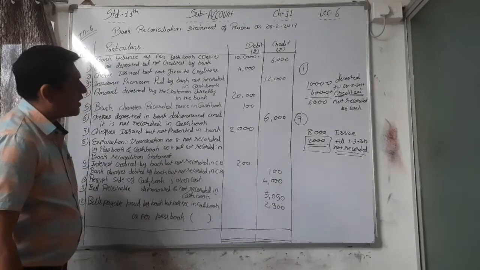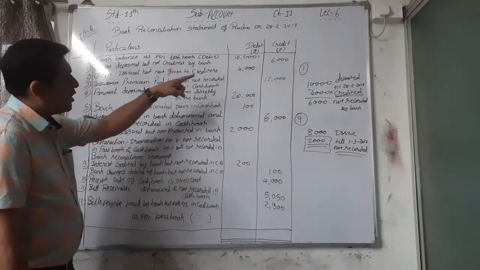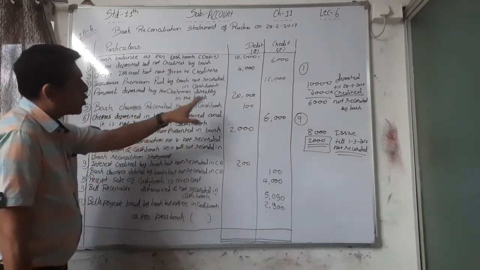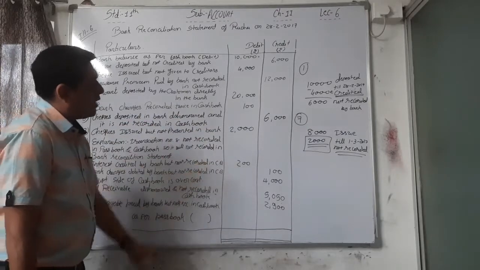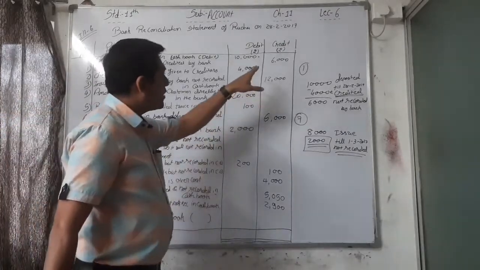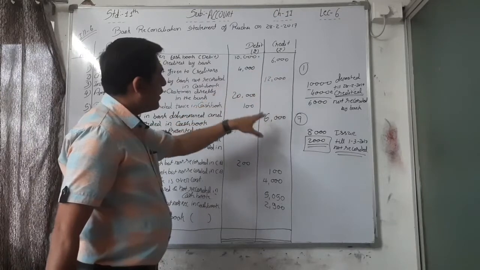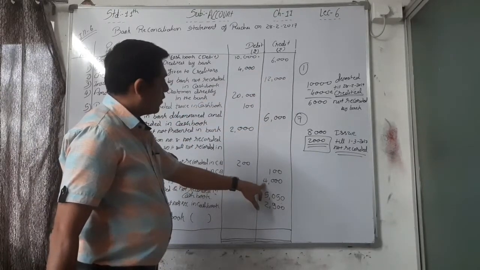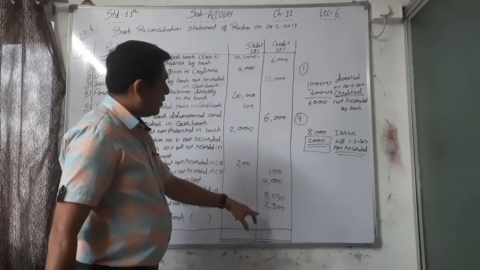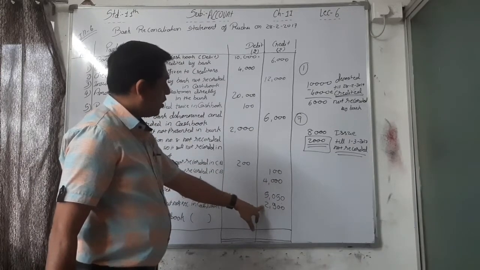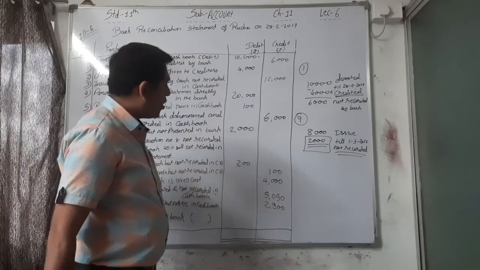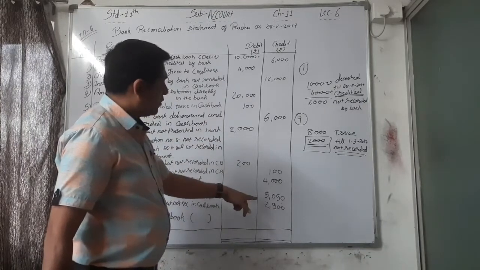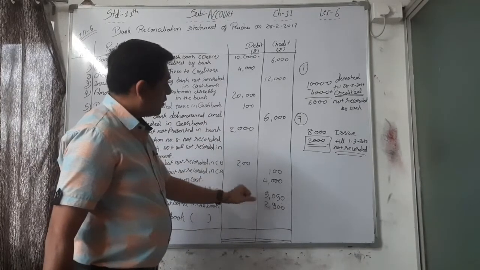Make the total, which side is higher? 20 plus 10, 30, 30 plus 6, almost 36,000 on the debit side. Now 12 plus 6, 18 plus 6, 24, plus 4, 28, plus 7, 35. Here 36 already there, now 35, 36.